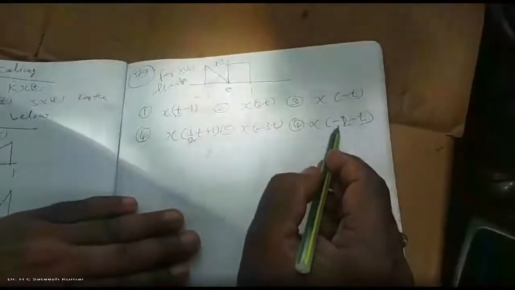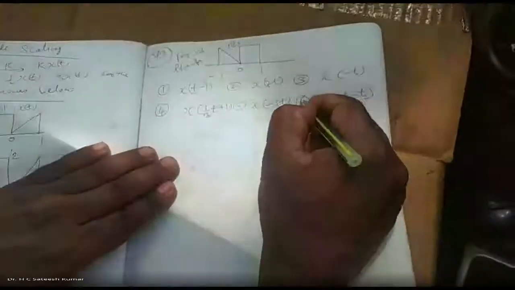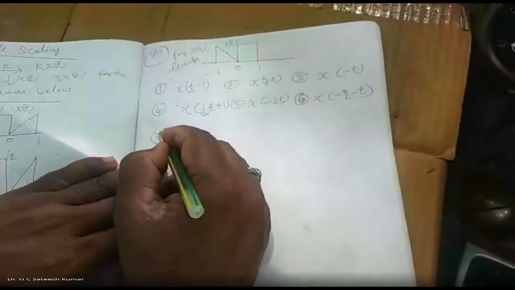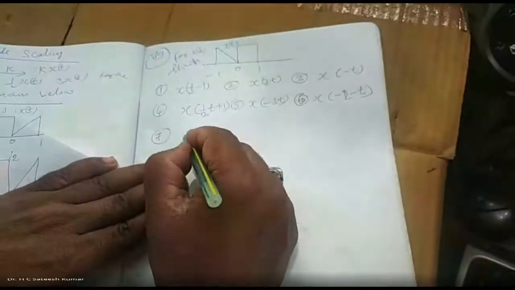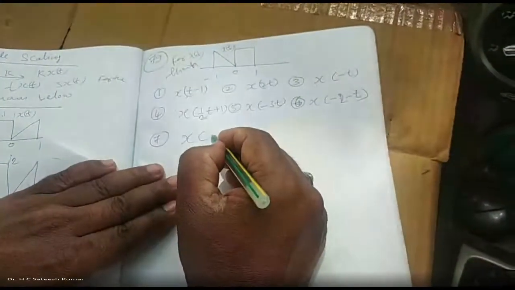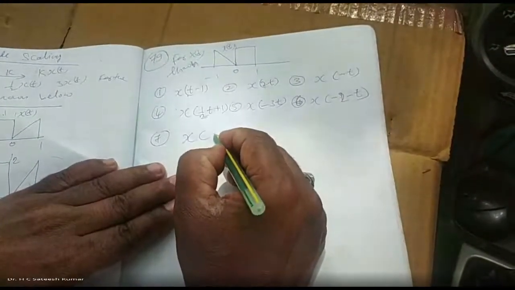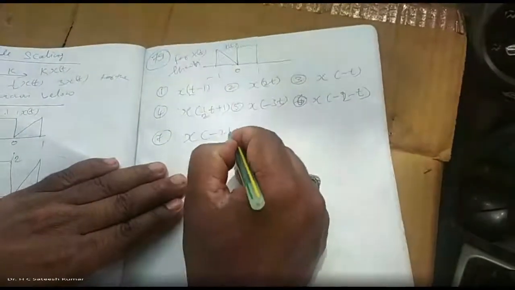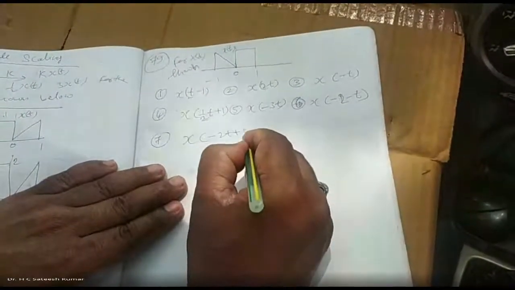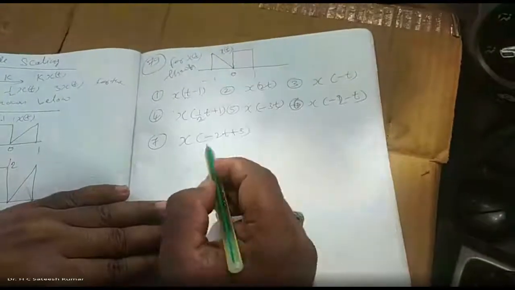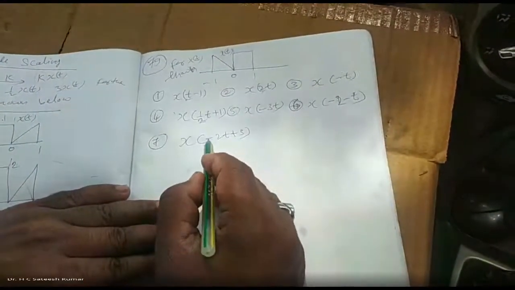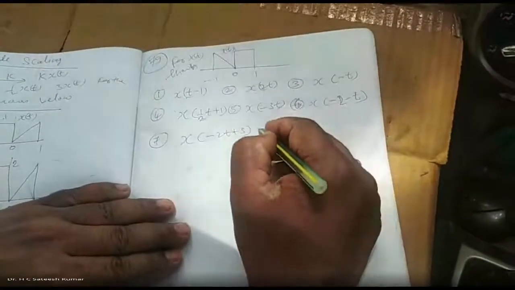Shifting is also there, folding is also there. Next, sixth one, seventh one, shifting, scaling, folding, all of them are there: x of minus 2t plus 3. Something like this. So we have scaling, folding and shifting.